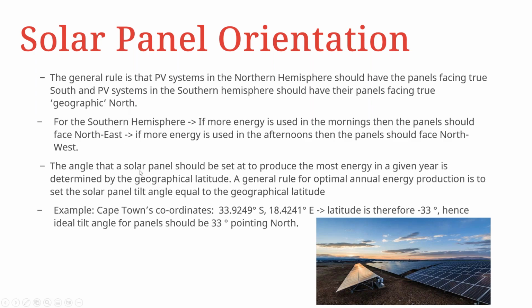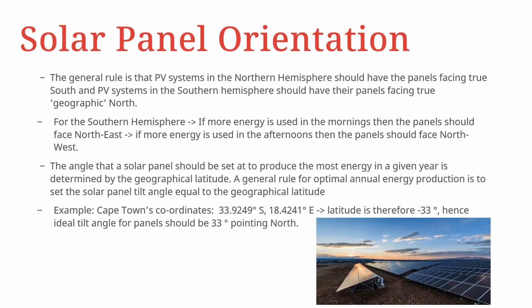So the angle that the solar panel should be set at should be at best perpendicular to the incoming rays of the sun. That is the condition where the solar panels will generate their maximum power.